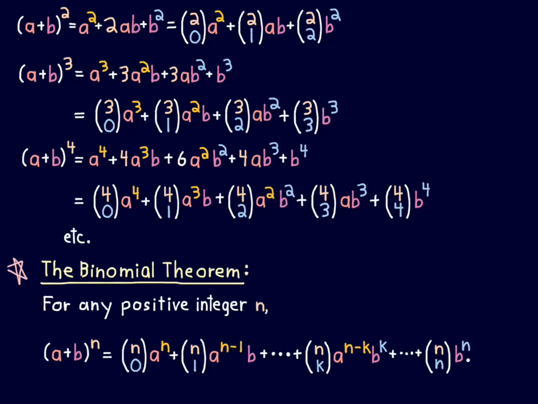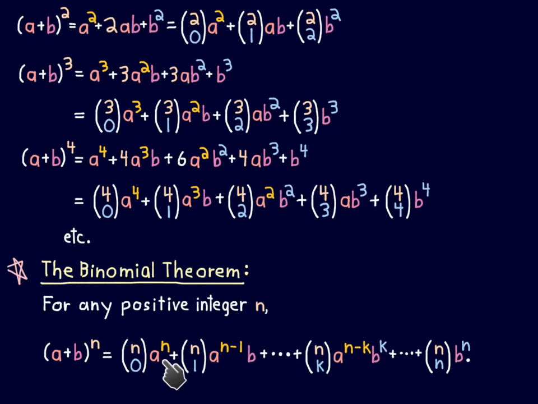Okay? So the bottom numbers of your binomial coefficients go from 0 up to n. The top number in these is always n, right? 0 tells you the number of factors of b, and the total number of factors always has to add up to n.